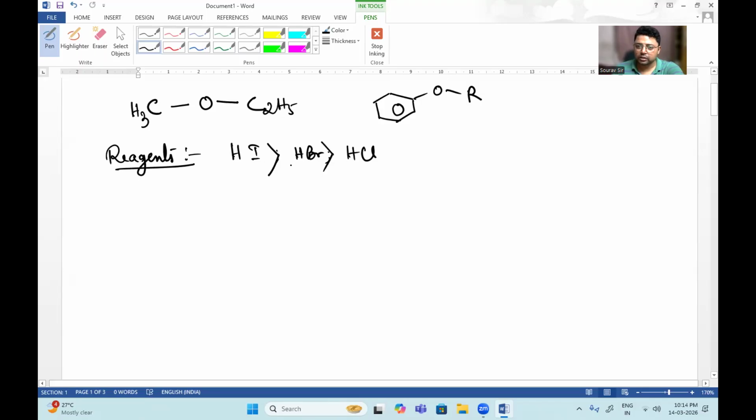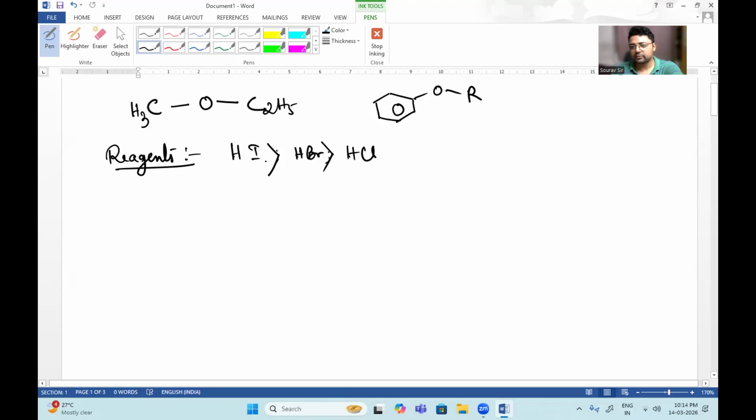Why? In the previous class, and even in chemical bonding, we have discussed that if you have mismatching of orbital sizes in a covalent molecule, then the bond strength decreases.